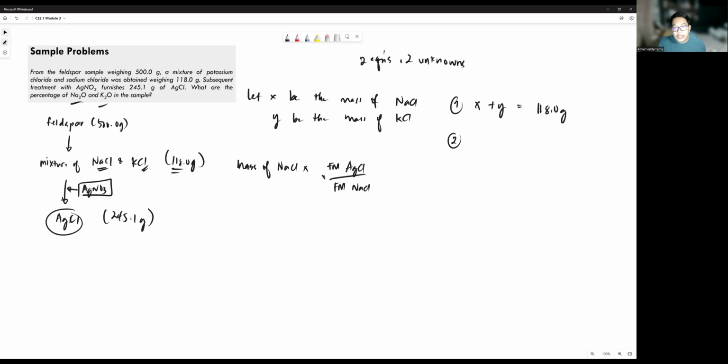And this will be multiplied by the coefficients a and b. Since our compound of interest is chloride, and their correspondence is 1:1, our a and b here are both 1 for AgCl and NaCl.